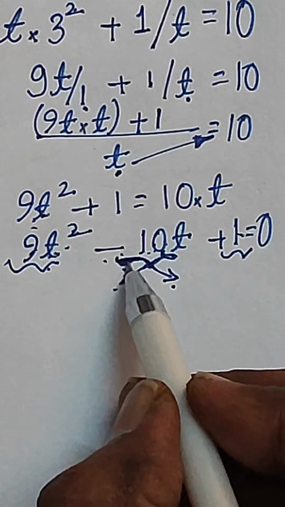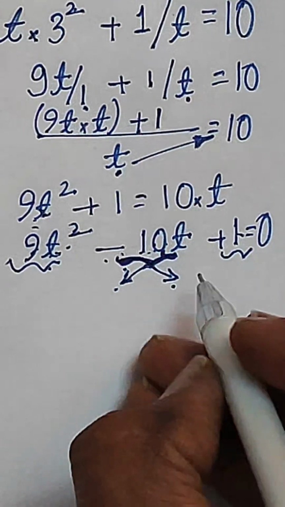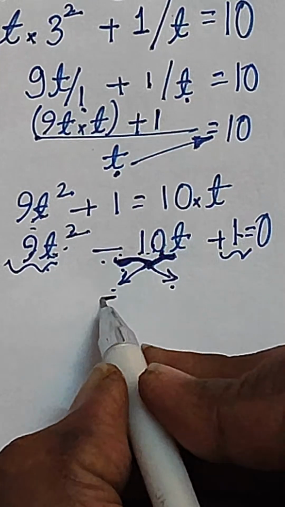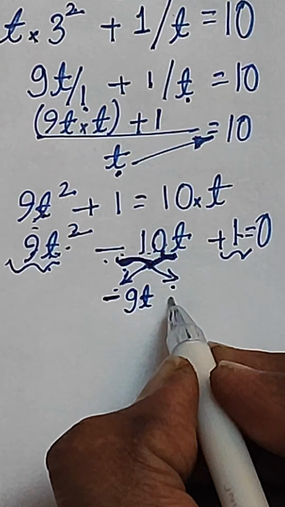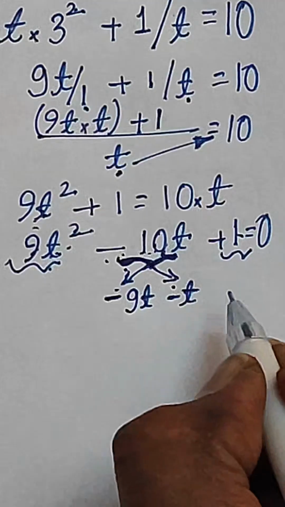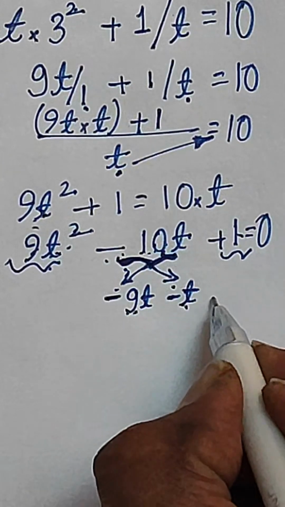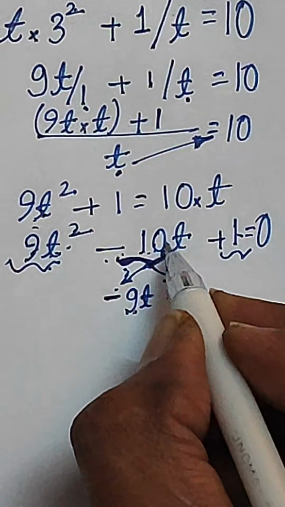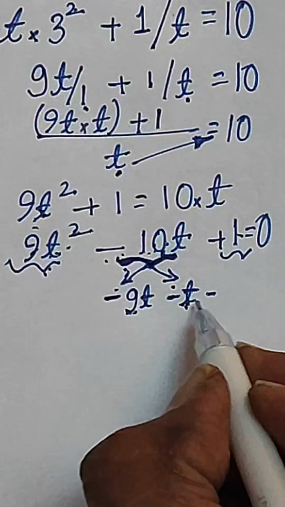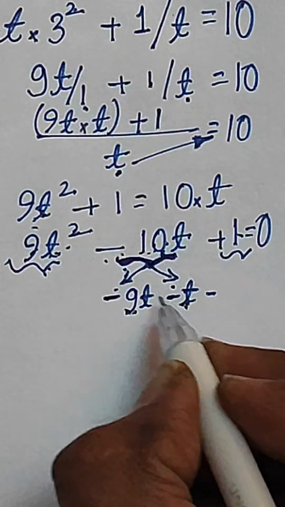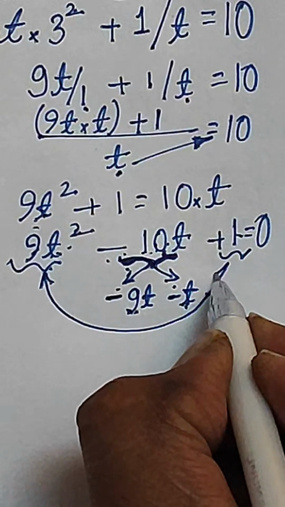So for this 10t, we can split into minus 9t and minus t, so that when you add them, minus 9t and minus t become minus 10t, and when you multiply them, it becomes 9t square. So that will be the product of the first and the last term.